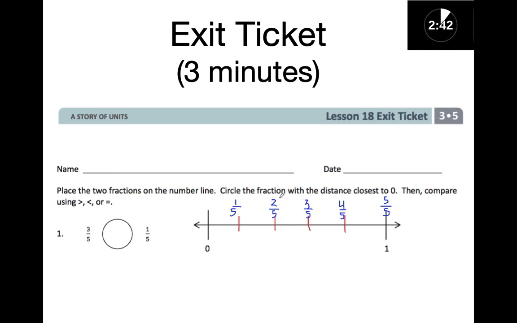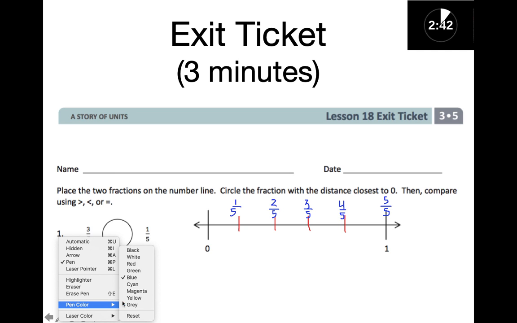Now, it asked us to circle the fraction with the distance closest to 0. We had to only really place the 2 fractions on the number line. You can see that I put all the fractions on the number line. Our 2 fractions we're looking at are 1/5 and 3/5. So I'm going to circle the one that is closest to 0.